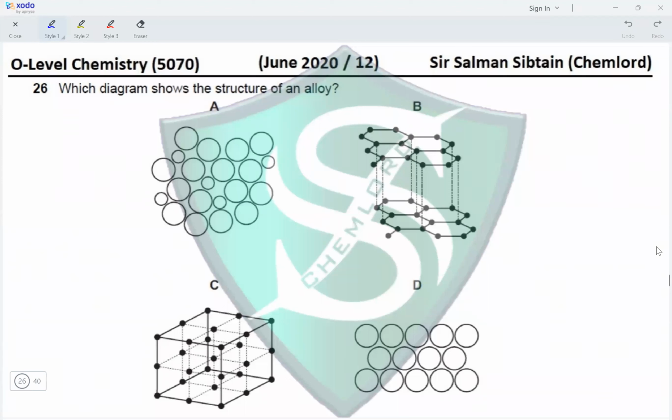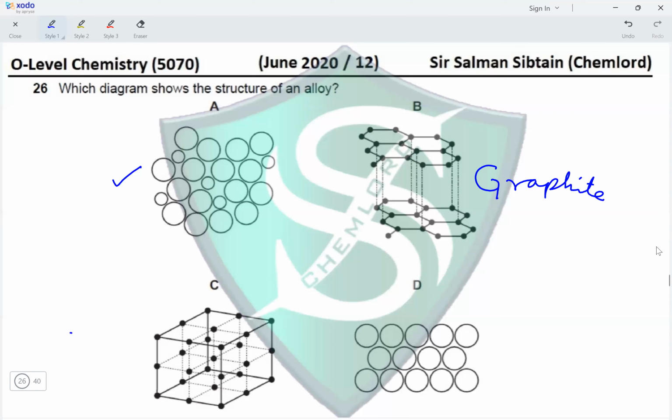Question 26. Which diagram shows the structure of an alloy? In A, we have two representations, a small circle and a large circle. These represent atoms of different elements. So this is how an alloy can appear. B is the structure of graphite. This is known just by looking at it, so this is not an alloy.